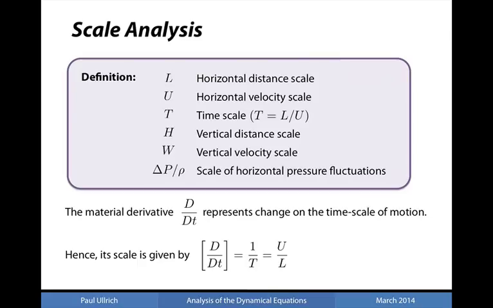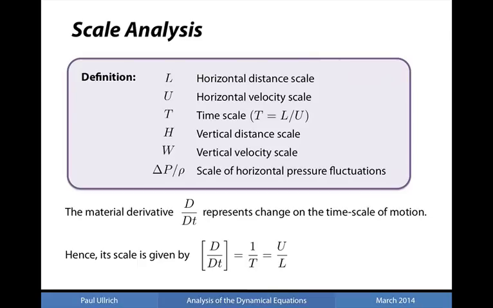So we have a vertical distance scale denoted by H, and a vertical velocity scale denoted by capital W. Here, you'll notice that capital H seems very consistent with the notion of scale height that we defined earlier when studying hydrostatic balance.